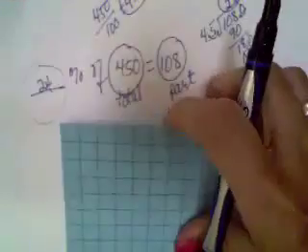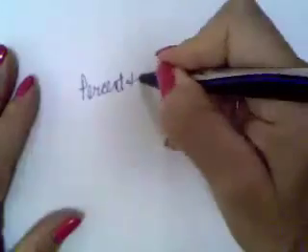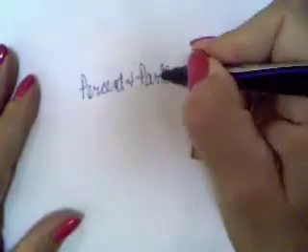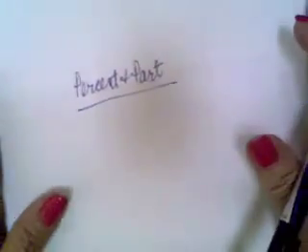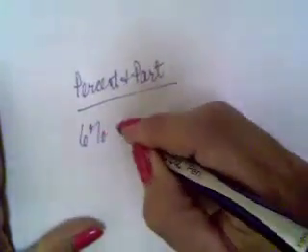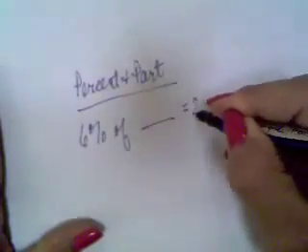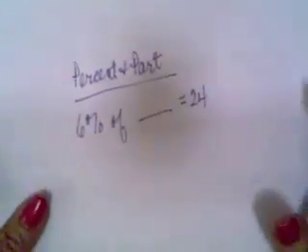The other situation that you would encounter would be that you know the percent and you know the part. So this problem would look like this. 6% of what number is 24?